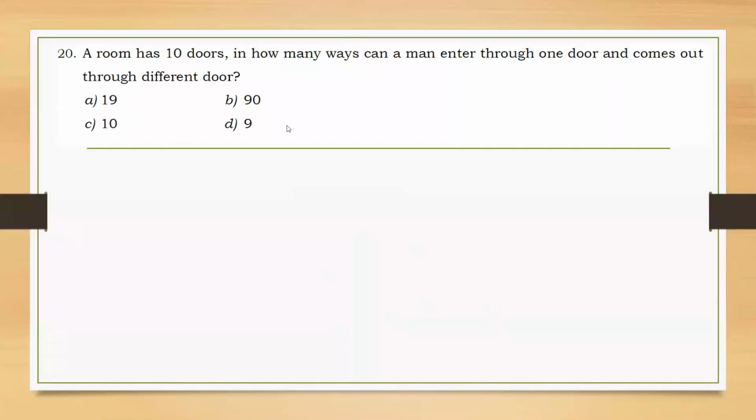A room has 10 doors. In how many ways can a man enter through one door and come out through a different door? Okay. So we have an enter and an exit, right? We have 10 doors.